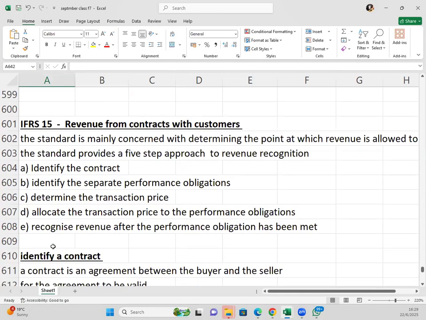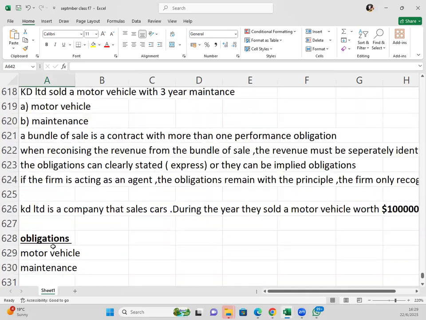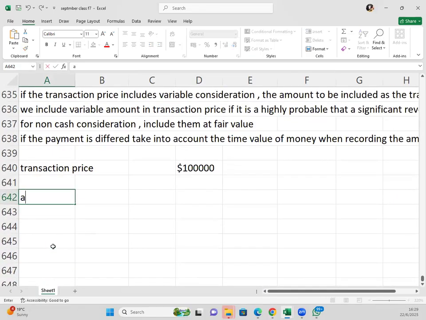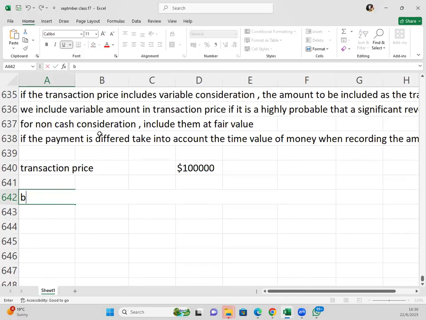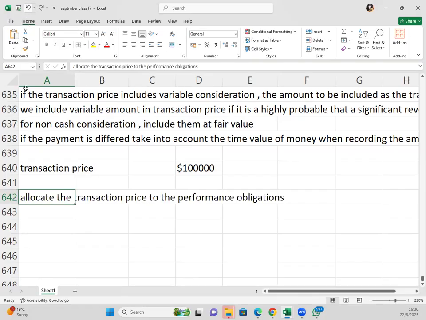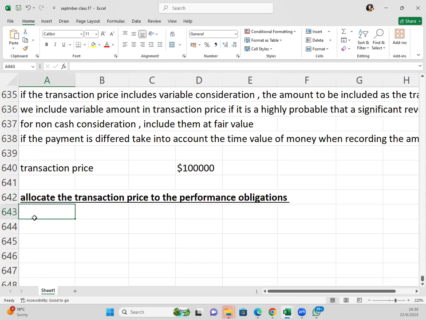Then allocate the transaction price to the performance obligations.